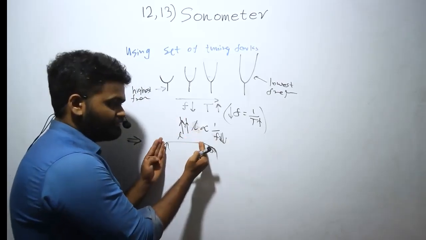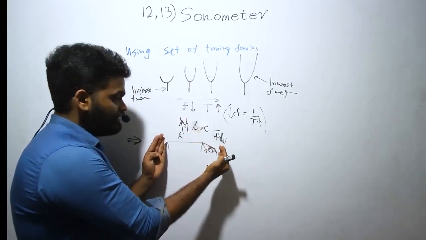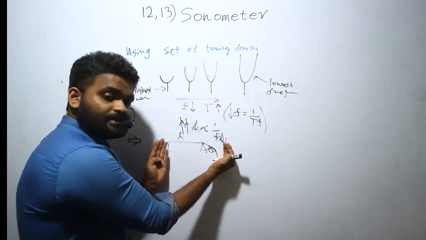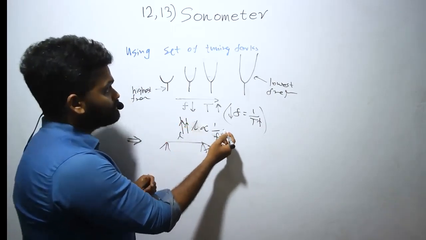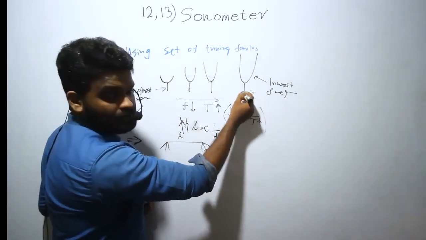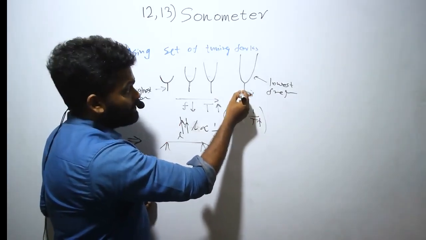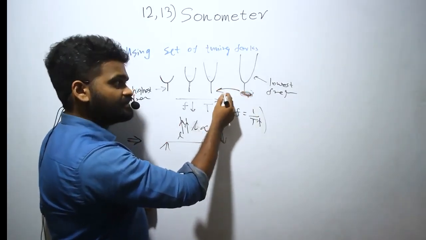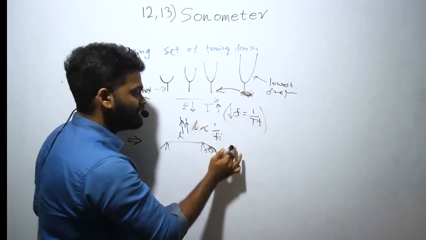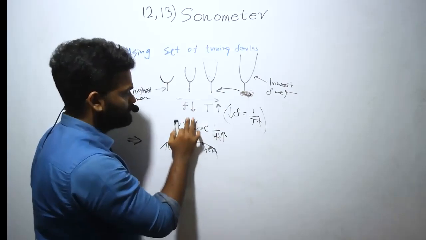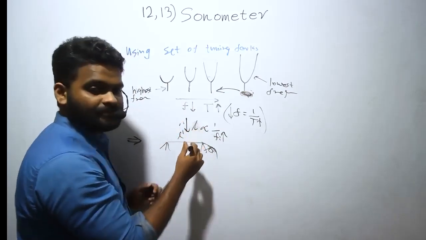Let's say that is 50 centimeter. So for the smallest frequency, we have this highest length. So the smallest frequency is this one, right? All the other ones, the frequency is higher. So for higher frequencies, we'll have less lengths.